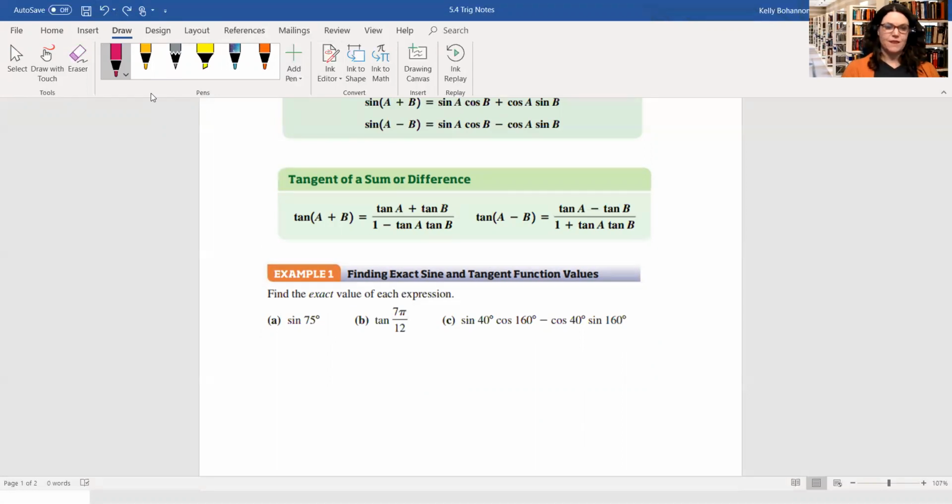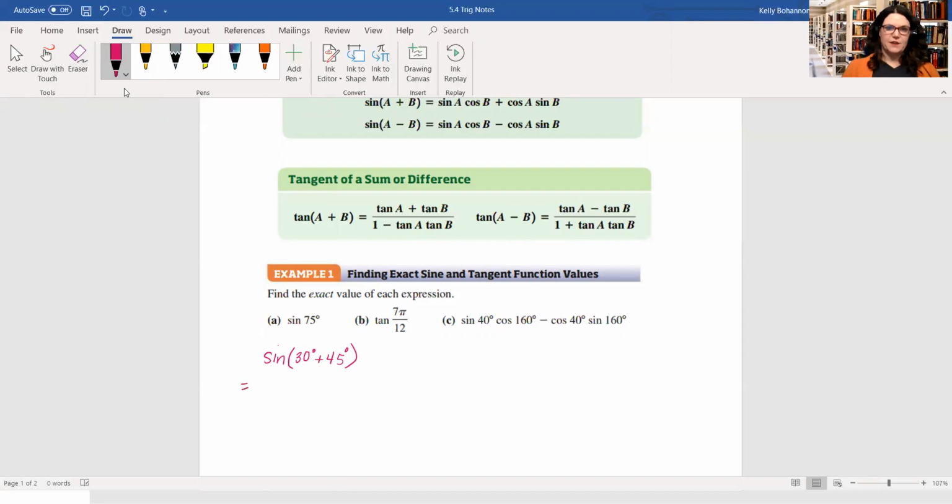So I could write this as sine 30 degrees plus 45 degrees. I don't know why I put 35. Sine of 30 plus 45 would give me sine 75.